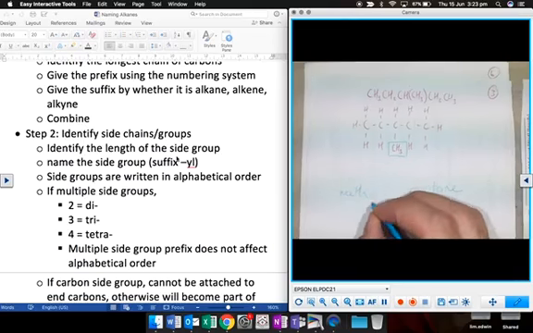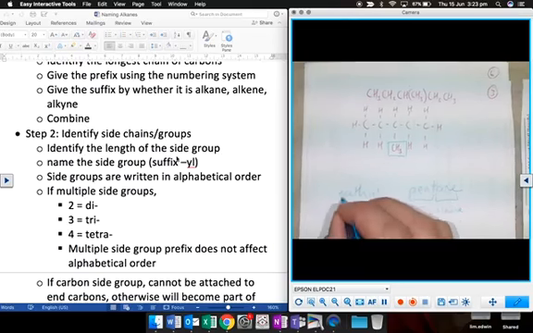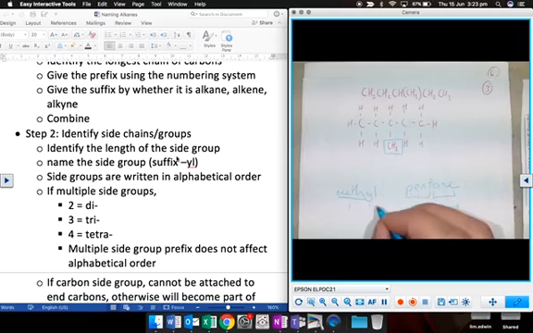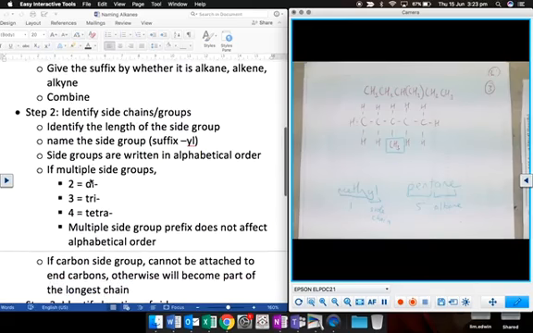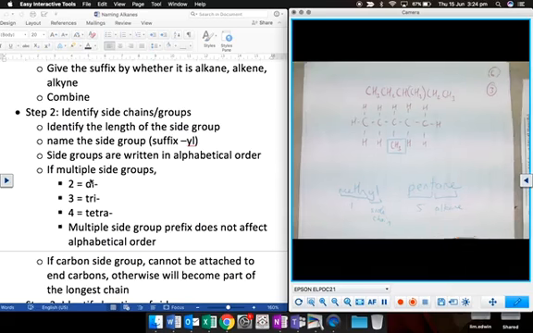So this is methyl. Meth for 1, yl because it's a side chain. So this becomes methylpentane.